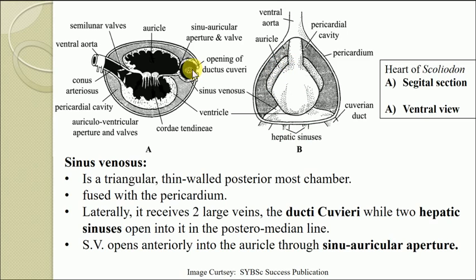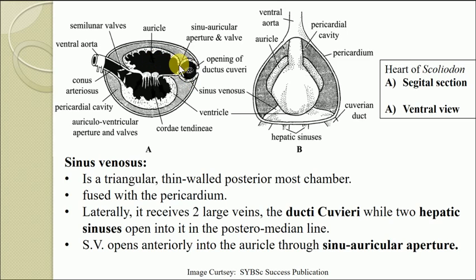So this is the auricle. Here in the sagittal section you can see the heart is a somewhat S-shaped tube, and this is the posterior most part, that is the sinus venosus, and this sinus venosus opens into the auricle. In this ventral view you cannot completely expose the auricle. This auricle is just beneath the ventricle and the conus arteriosus, but in the sagittal section you can see the blood from the sinus venosus goes into the auricle.